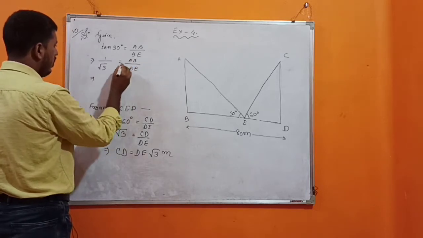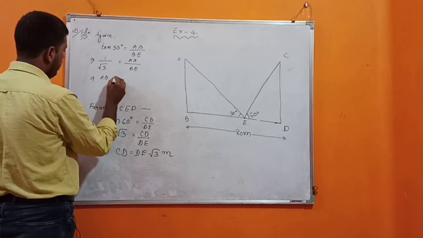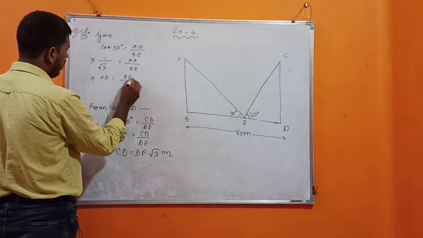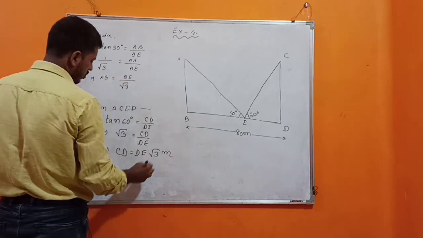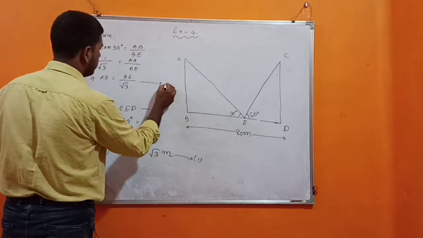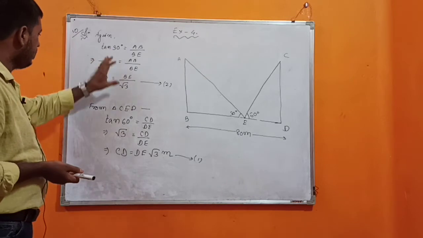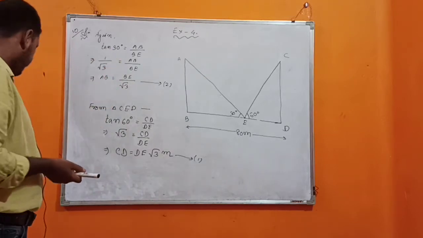Now I am writing AB equals BE by root 3. This is marked as 1 and this is marked as 2. Note down this one and this one.